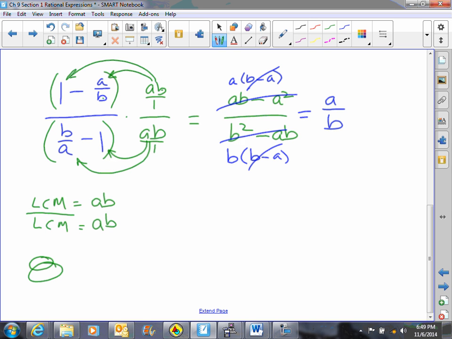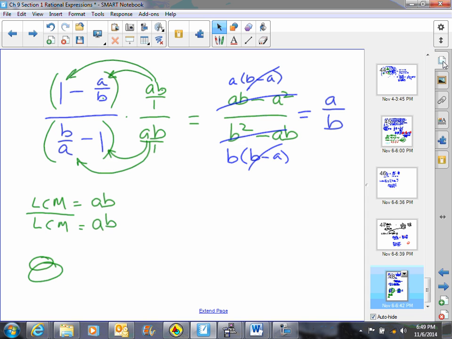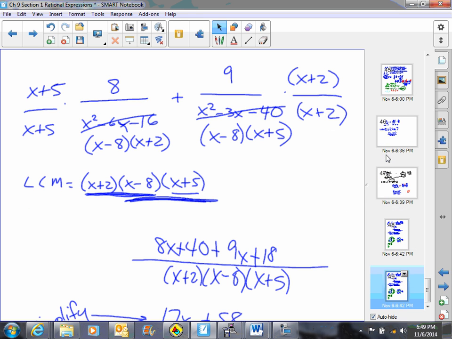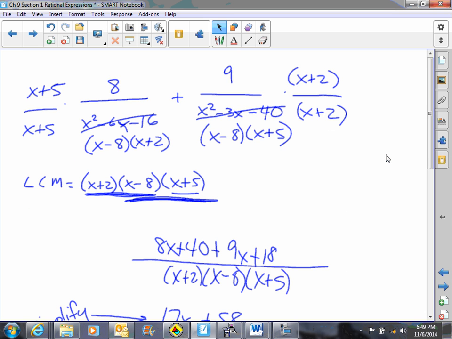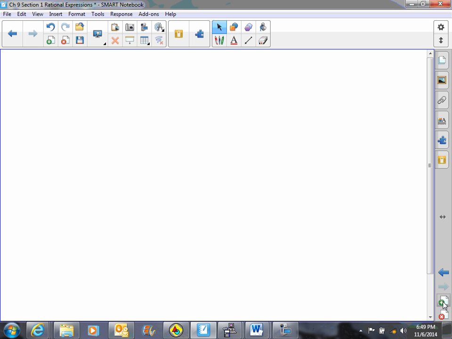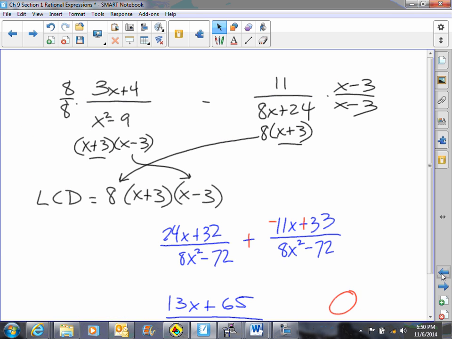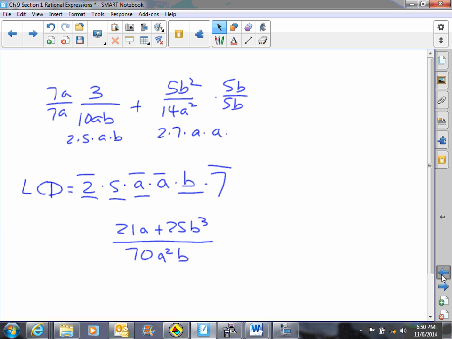Now, the second way to do this problem, let's see here, if I can clone this page. Probably should have done that before I wrote all over it. That's not what I want. What did I do?